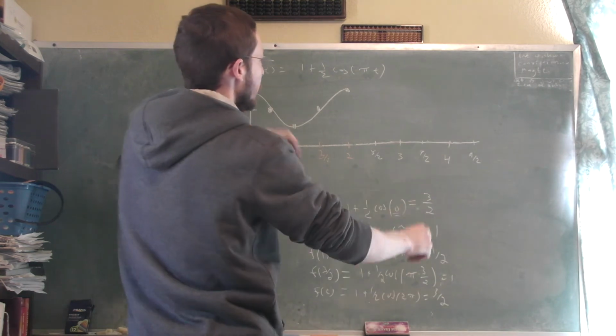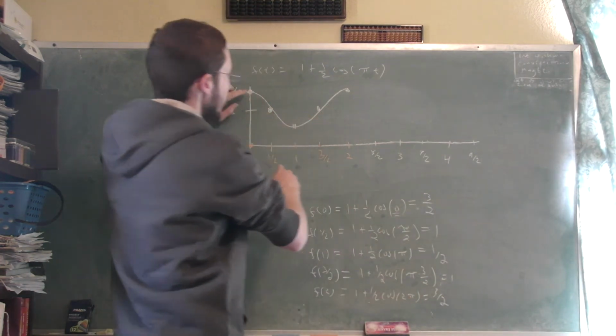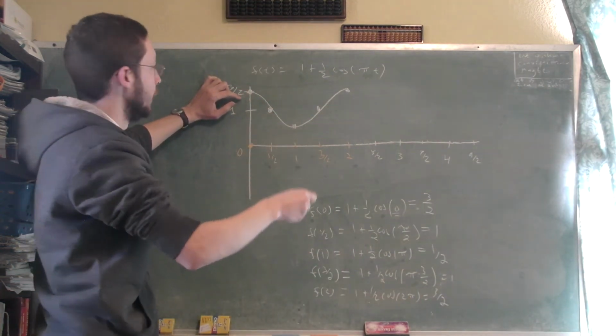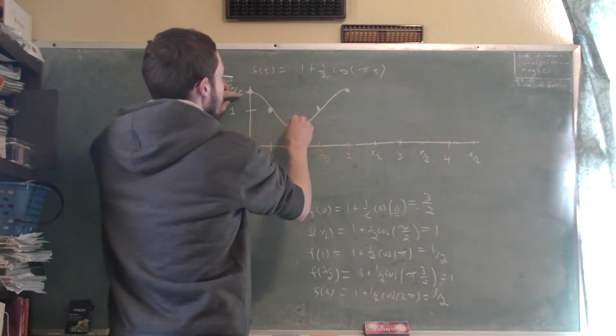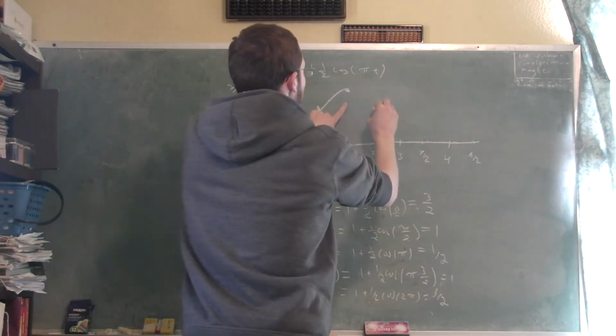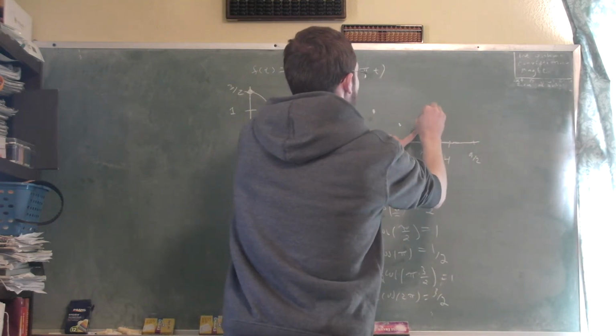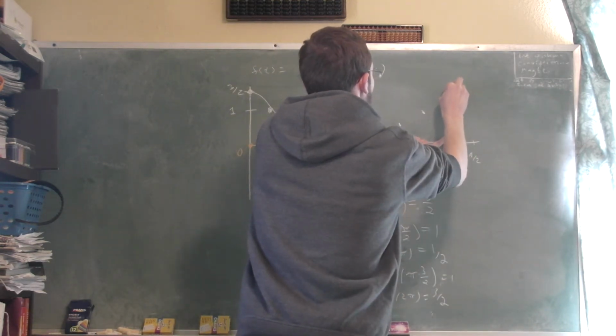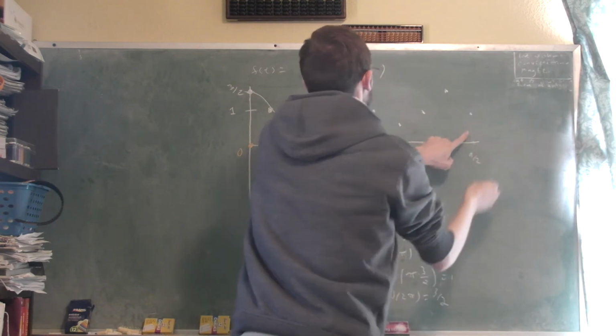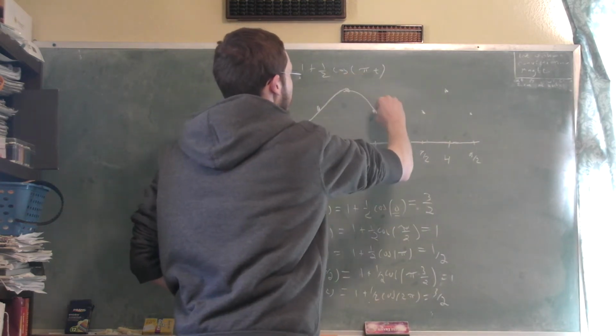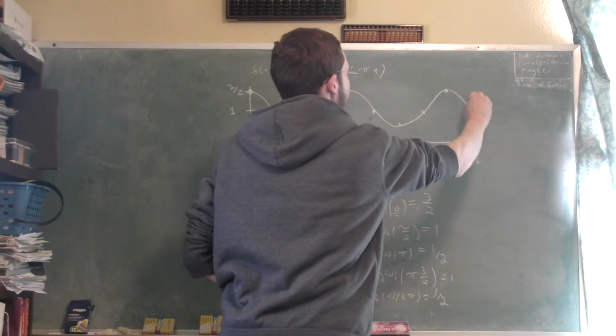And you just add on multiple copies of that. And then you're just going to have this same pattern repeating. Peak, middle, bottom, middle, peak, middle, bottom, middle, peak, middle, and so on. Then you just connect the dots, and there's your cosine graph.